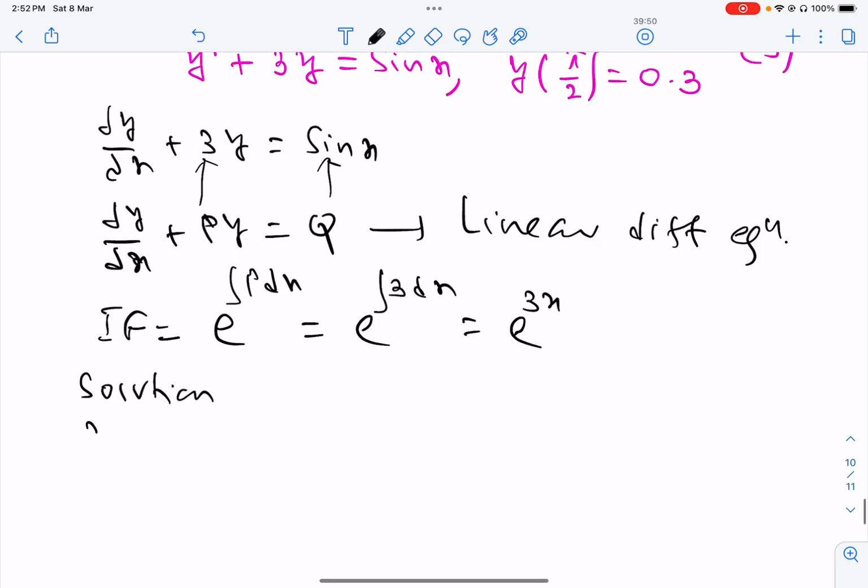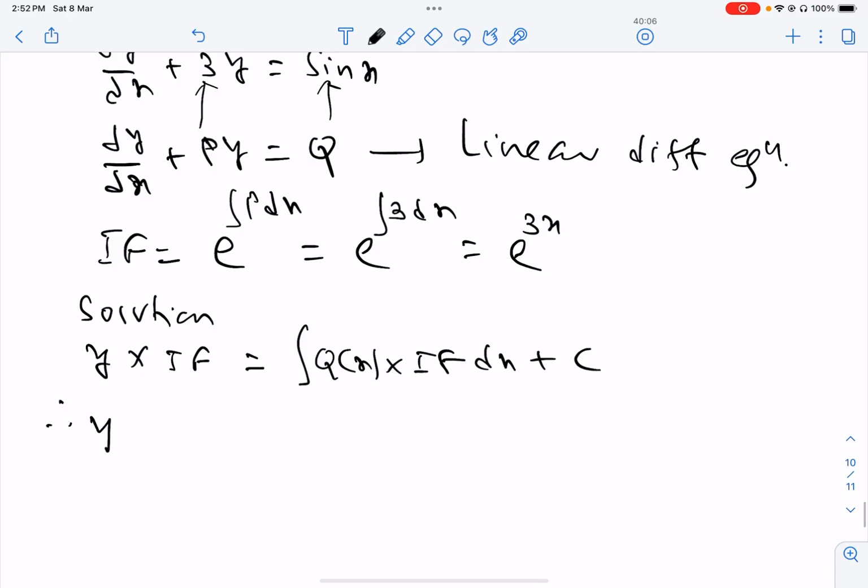What is the solution? The solution is y into the integrating factor equal to the integration of q into the integrating factor dx plus c. So therefore y into e power 3x, q is sin x, and the integrating factor is e power 3x. So e power 3x sin x dx plus c.